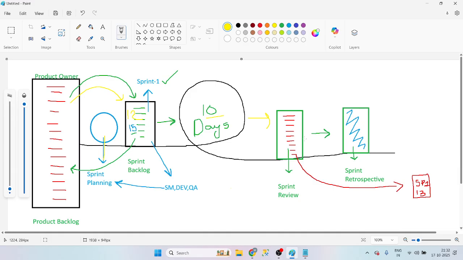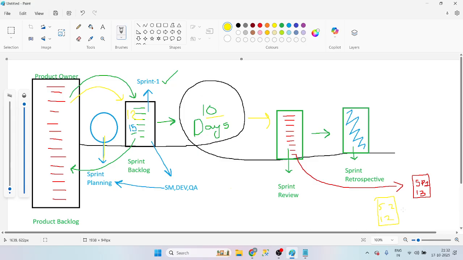After completing the sprint review, we are deploying the product. This is sprint 2, SP2, guys. How many tickets? 12 tickets.